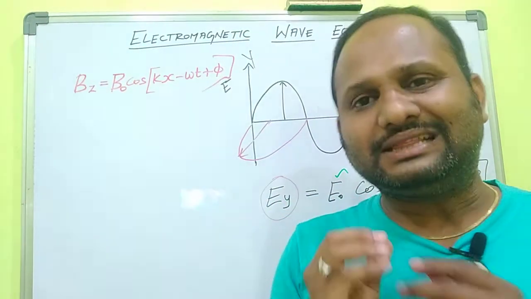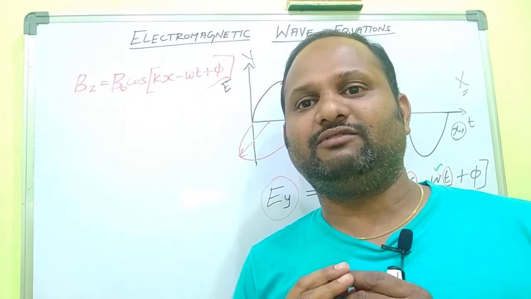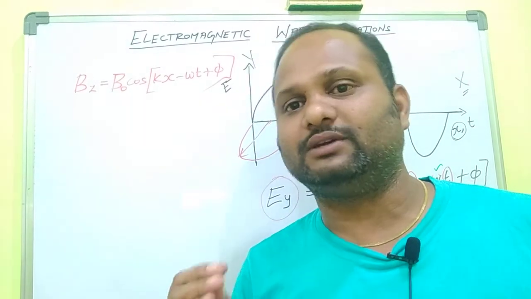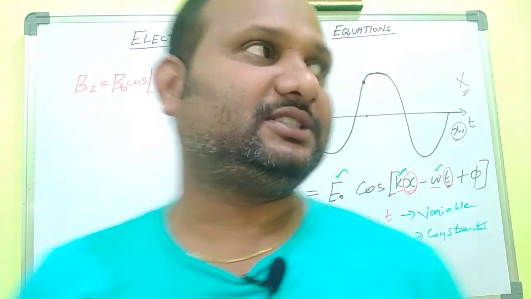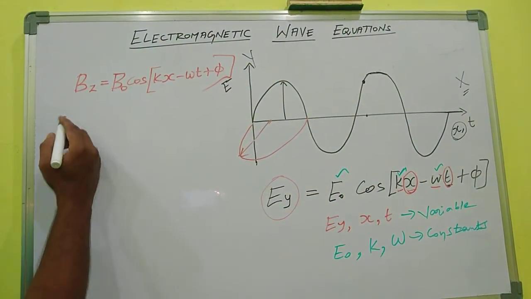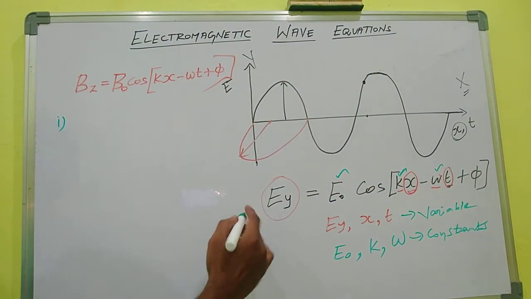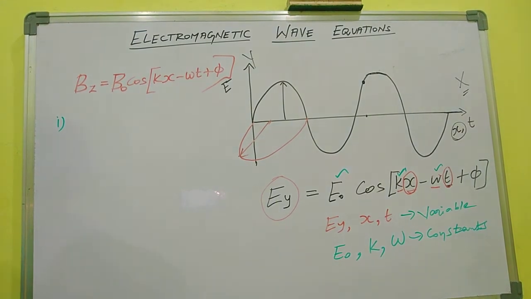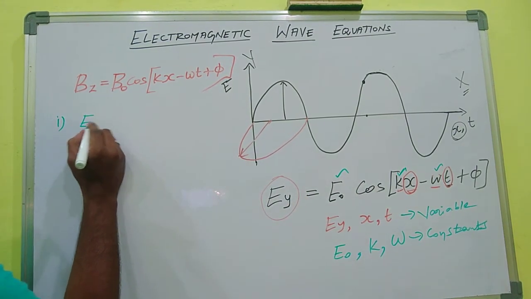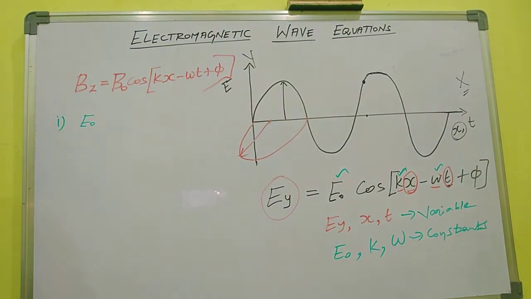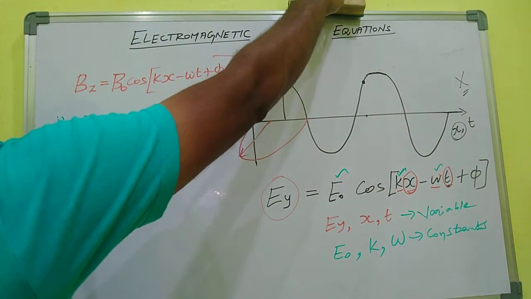With the help of this electromagnetic wave equation, what are the things we are going to find? For example, we have to find the value of E naught.